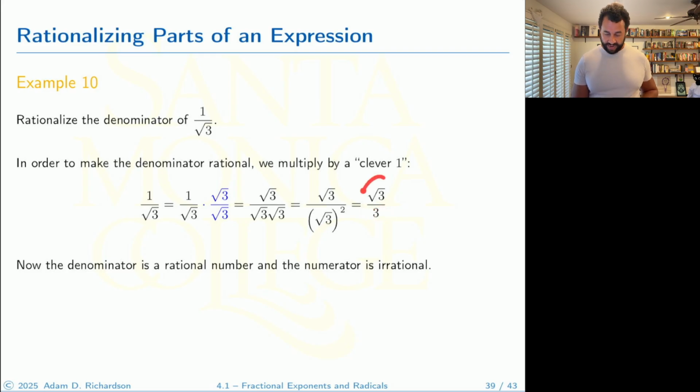Now the denominator has been rationalized. The denominator is a rational number, but now the numerator is an irrational number. So we just moved the irrational stuff up. But we had to do it in a valid way.